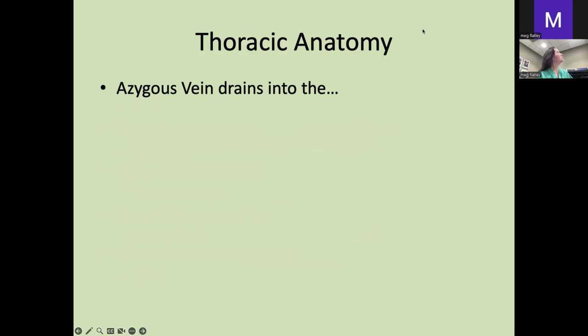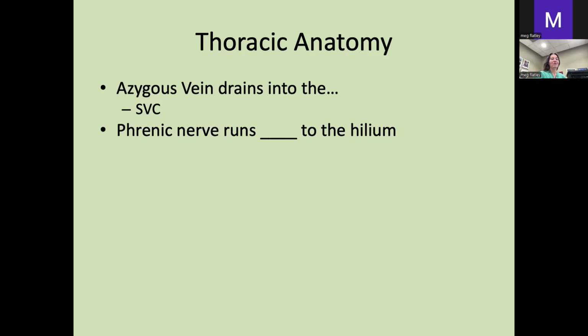So what vein does the azygous vein drain into? The SVC. Yeah. So this is just some general anatomy stuff. In terms of anterior and posterior, we have the phrenic and the vagus. Which one is going to be anterior?